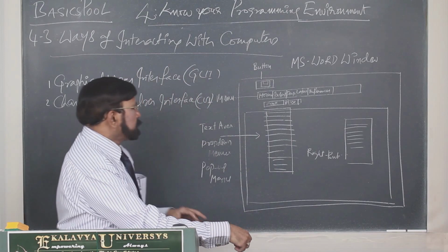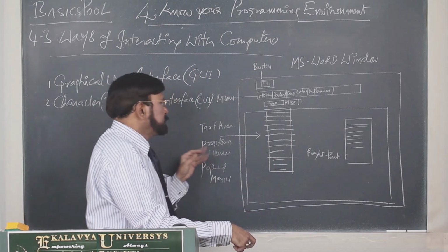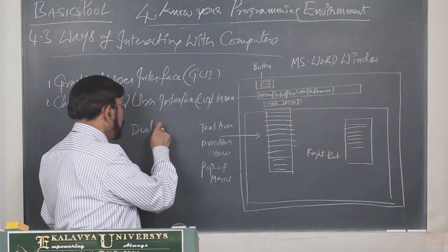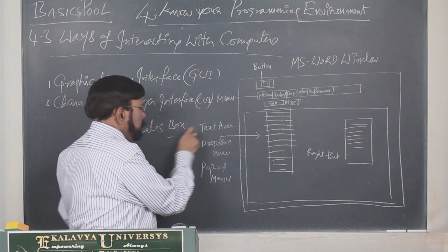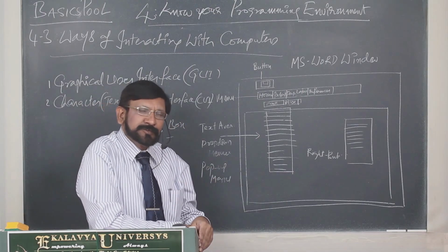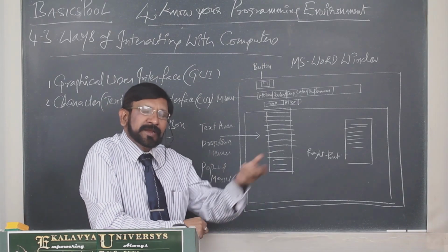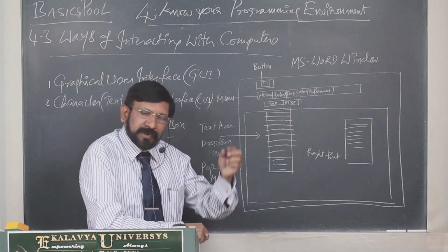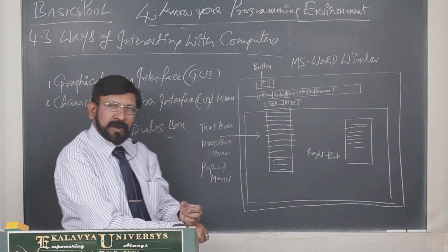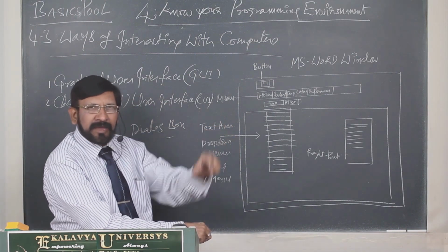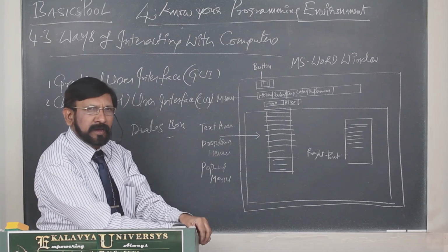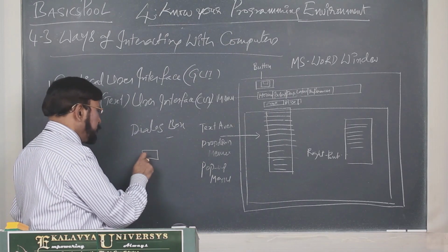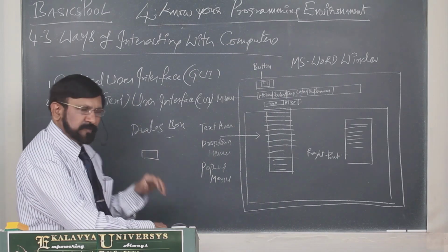And thereafter, one more element which is frequently used is a dialog box. Actually, in certain situations, you should be alerted. So for that purpose, in a particular context, the corresponding dialog box is opened. Just for example, you want to delete a file. Already one file is placed on your file system.